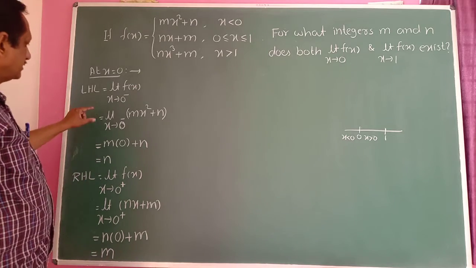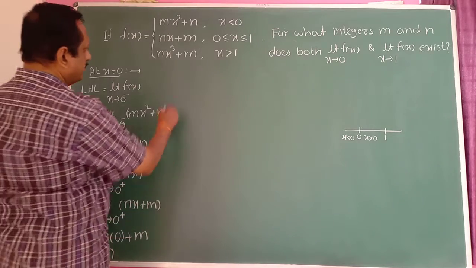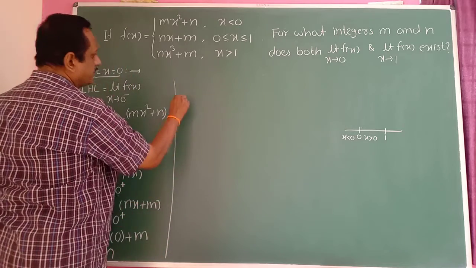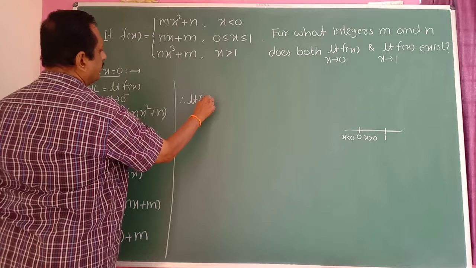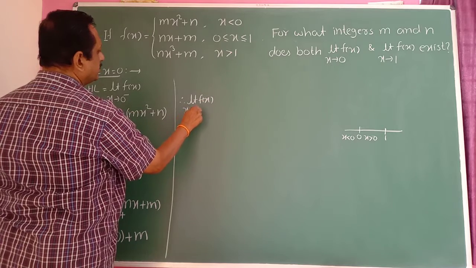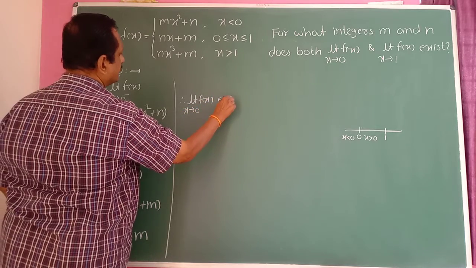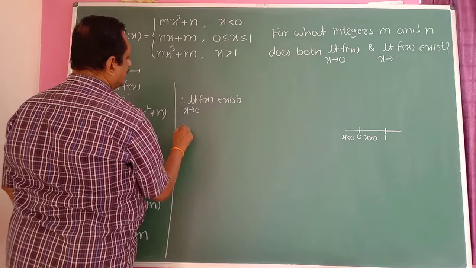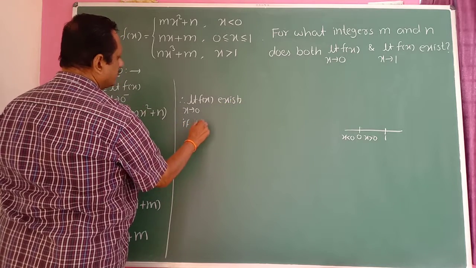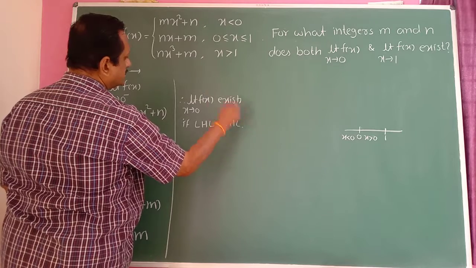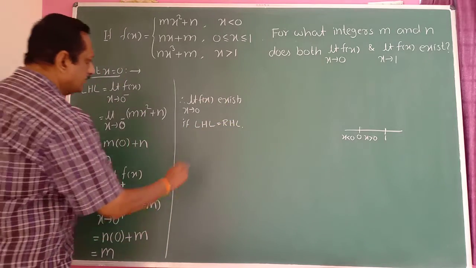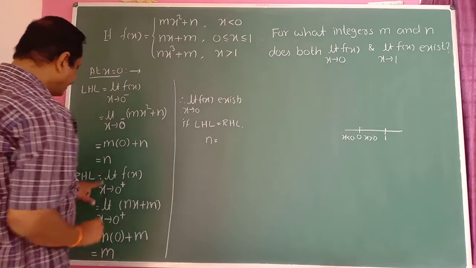Therefore, a limit exists when LHL and RHL both are equal here. Therefore, the limit of f of x as x tending to 0 exists if LHL is equal to RHL. LHL value is n and RHL is m.